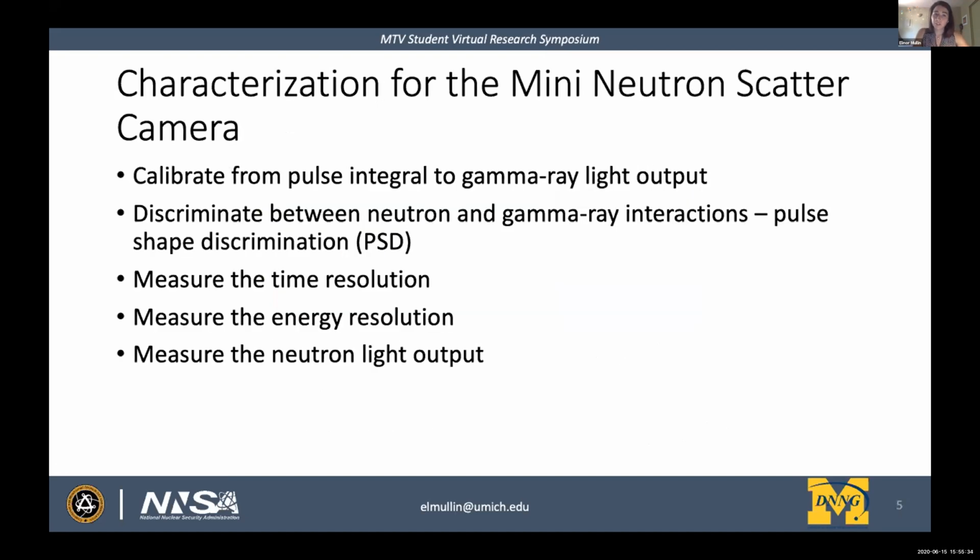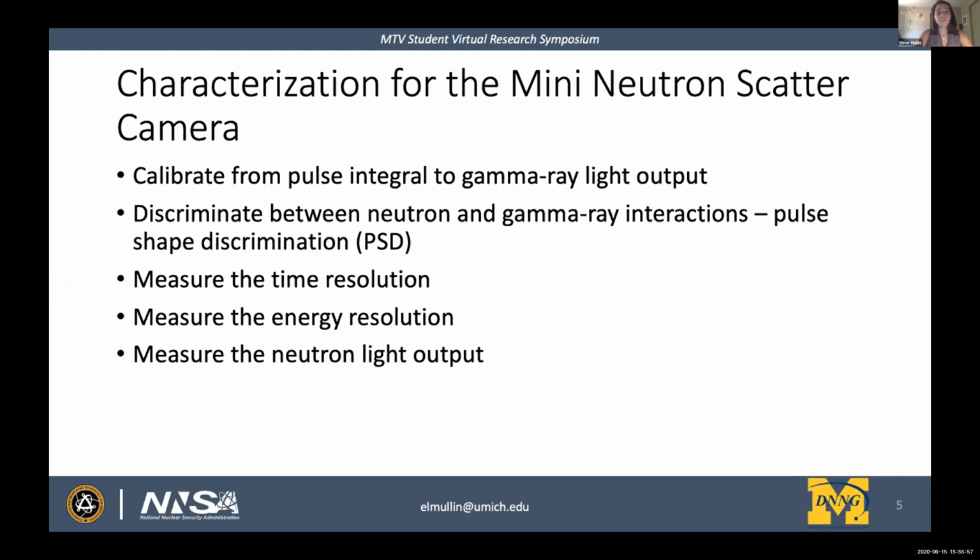So to characterize our mini neutron scatter camera, or to better understand its capabilities, we need to do a few things. We need to be able to calibrate from our pulse integrals that we measure to the gamma ray light output. We need to be able to discriminate between neutron and gamma ray interactions within our detector, so we use pulse shape discrimination, or PSD.